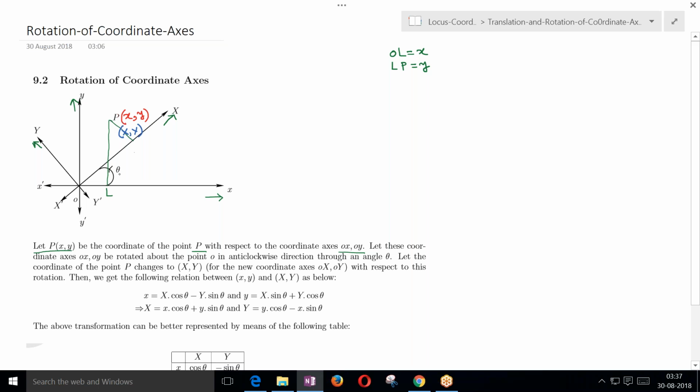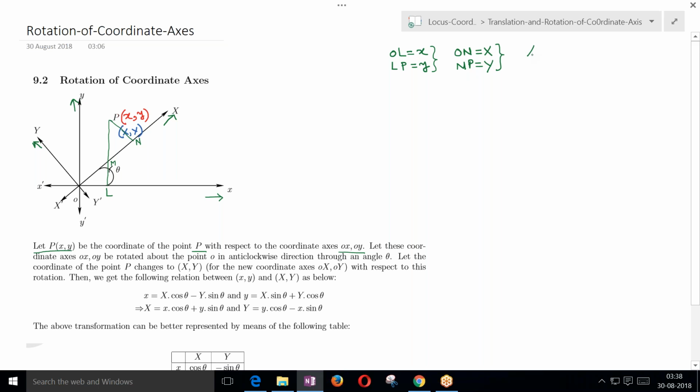Suppose the point of intersection is given the name M, and this one N. Then, according to the new coordinate system, due to this rotation, we get ON is equal to capital X, and NP is equal to capital Y. We are going to find the values of capital X and capital Y in terms of x, y, and theta.